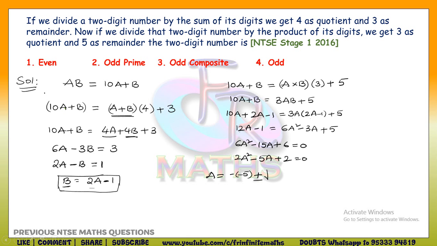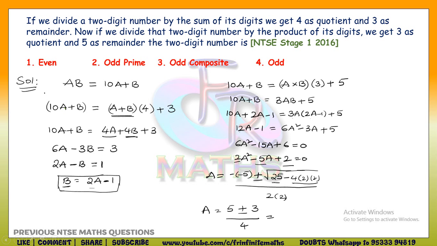So we have minus of minus 5, plus or minus square root of minus 5 whole square, which is 25, minus 4 into 2 into 2, divided by 2 times 2. So A is equal to 5 plus or minus square root of 25 minus 16, which is 9, so the square root is 3, divided by 4.